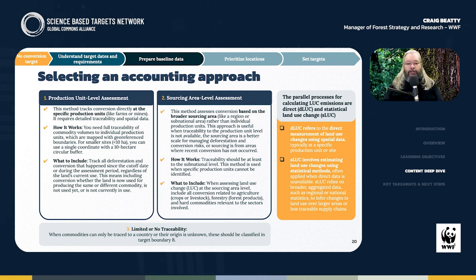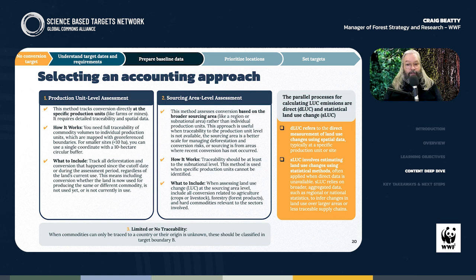The definition of production unit is adapted from the Accountability Framework Initiative and is included in the glossary at the beginning of the Land Guidance. Production units must be demarcated by georeference boundaries. For smaller sites, those less than 10 hectares, a single coordinate with a 12.75 hectare circular buffer is sufficient. This buffer equates to a 200-meter radius around the coordinate.